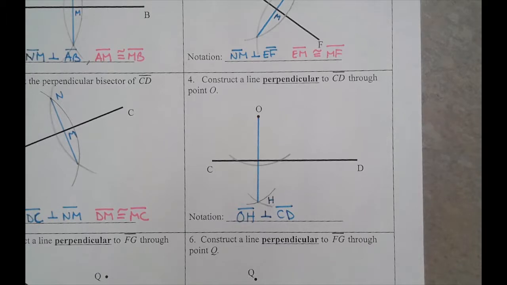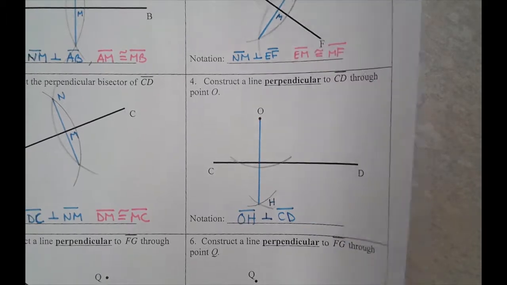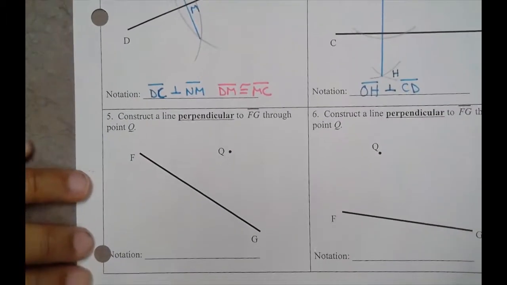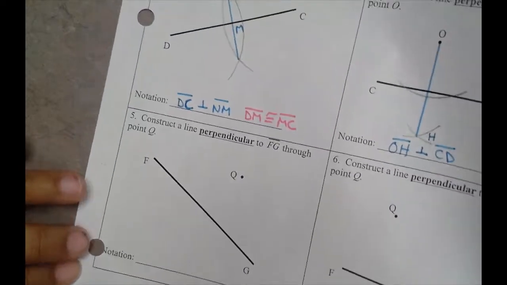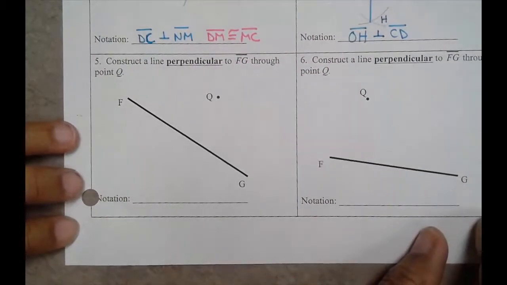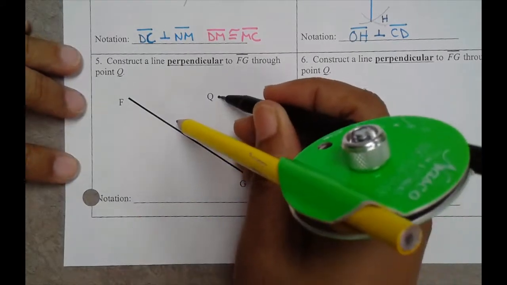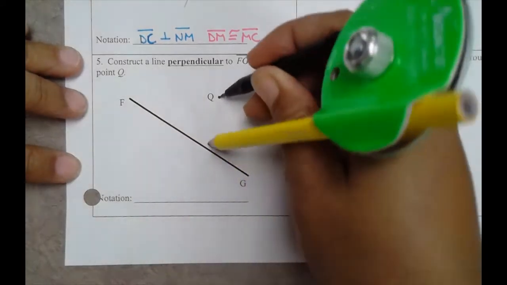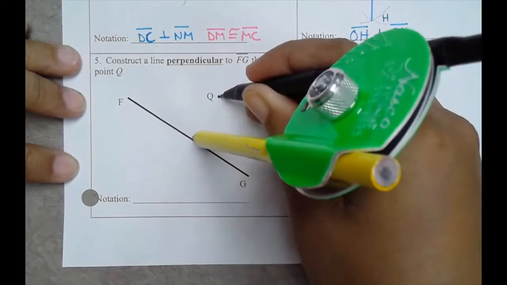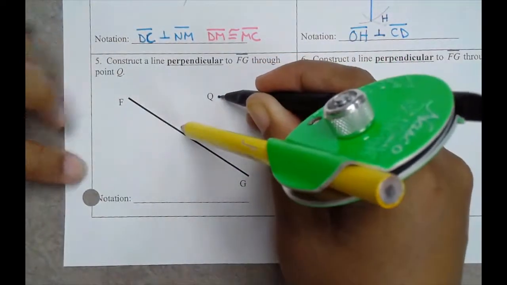All right, let's go ahead and try that again. This time it is a little bit of a diagonal, but it's the same concept. Let's go ahead and first start off with our pointer on Q. Make sure this is wide enough. See, if I draw the arc right now, it actually would miss the actual line.